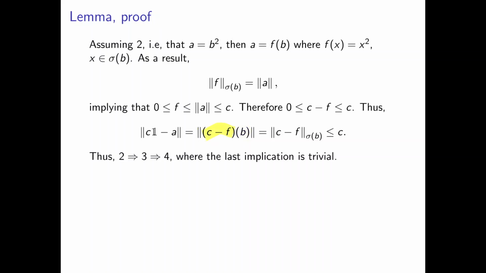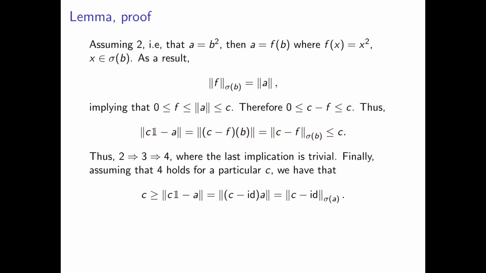But this is a continuous function, so once again we can use the continuous functional calculus or the Gelfand transform to state that this norm has to be equal to this norm here on the spectrum of B. But C minus f lies between 0 and C, so this norm here is less than or equal to C. So therefore we have that 2 implies this statement here, which was condition 3, which in turn implies condition 4.